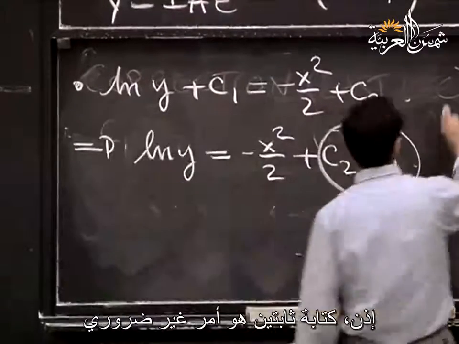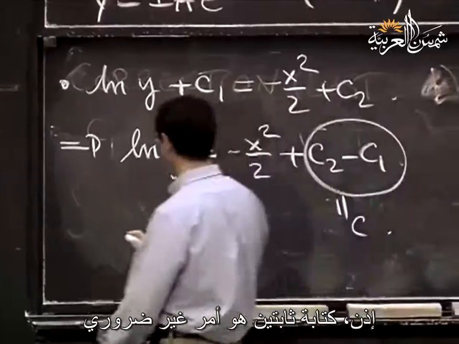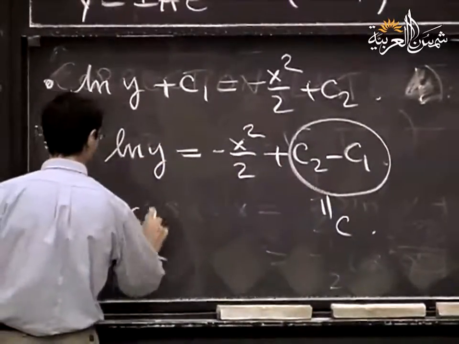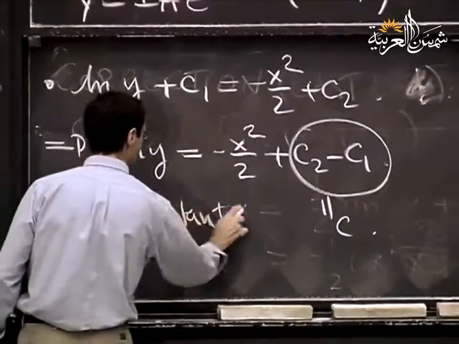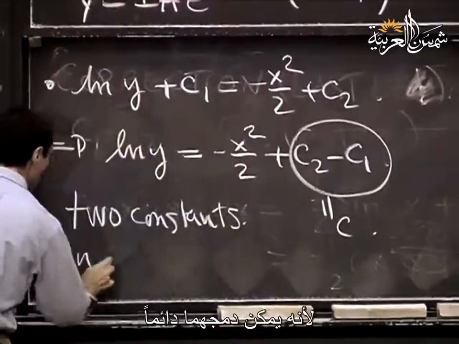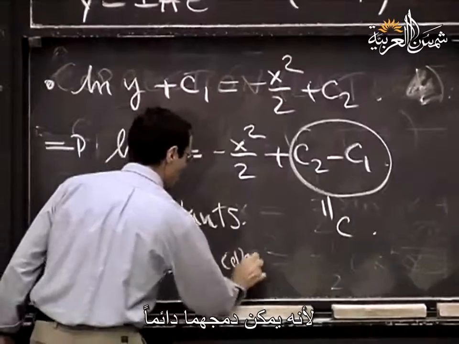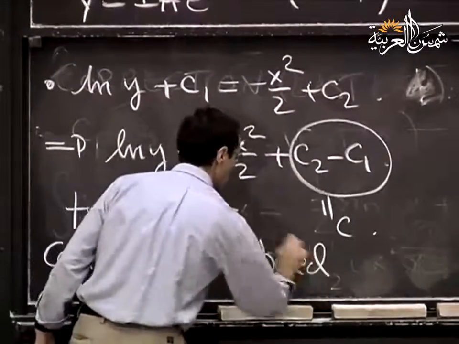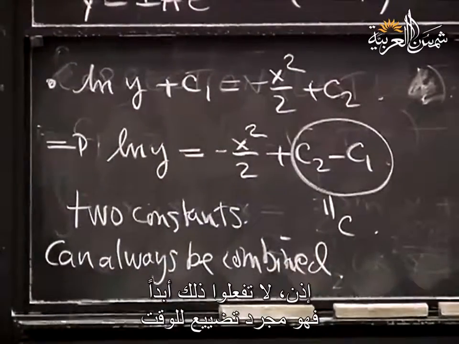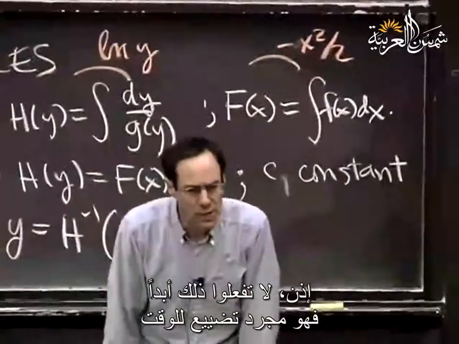So two constants are superfluous. They can always be combined. So we just never do it this first way. It's just extra writing. It's a waste of time.